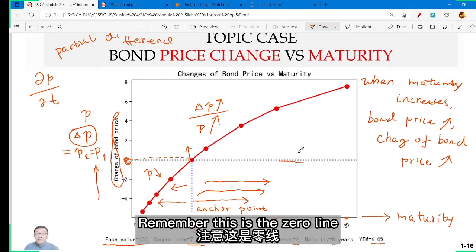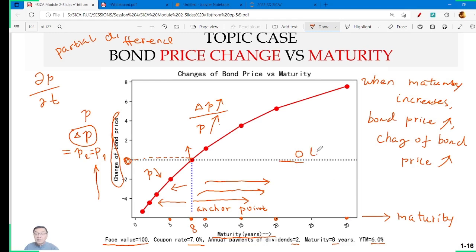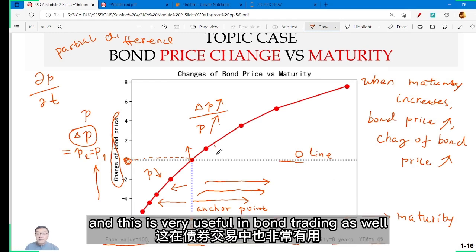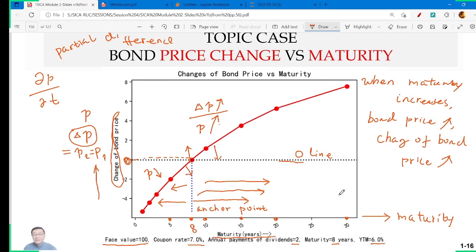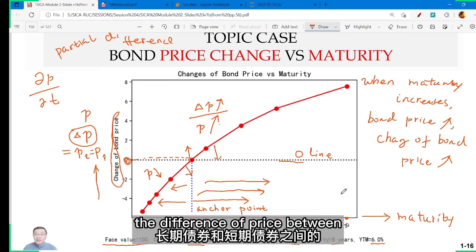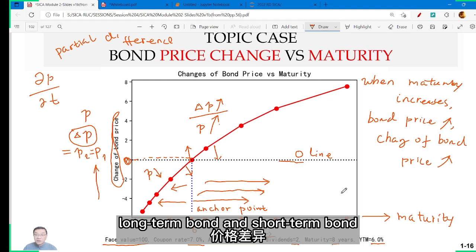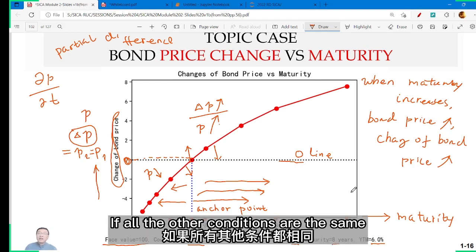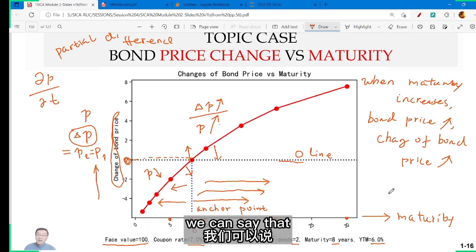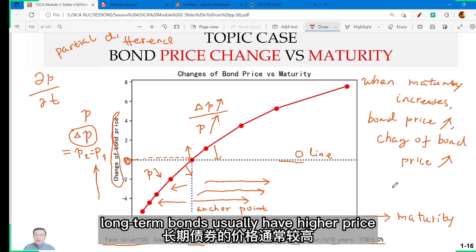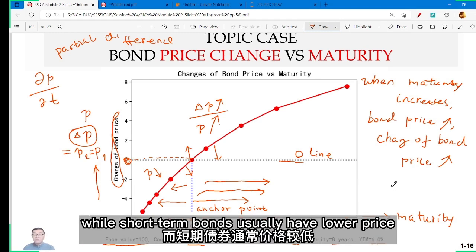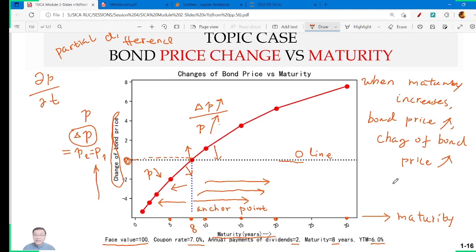Remember, this is the 0 line. And this is very useful in bond trading as well. We know the difference of price between long-term bonds and short-term bonds. If all the other conditions are the same, we can say that long-term bonds usually have a higher price, while short-term bonds usually have a lower price, right?